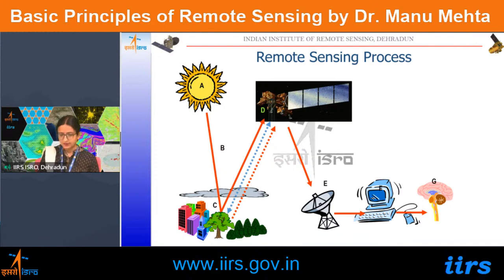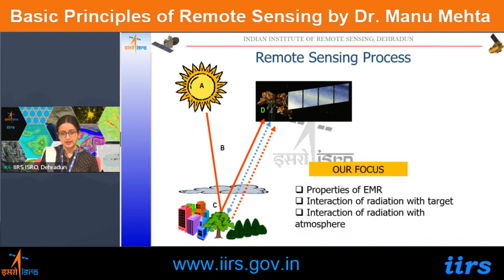Now that we have learned the answers to what, why, and how of remote sensing, the next part of this class will focus on, number one, the properties of electromagnetic radiation. Why? Because it is electromagnetic radiation only which is being sensed by the sensor, be it active, passive, reflective, or emissive remote sensing.